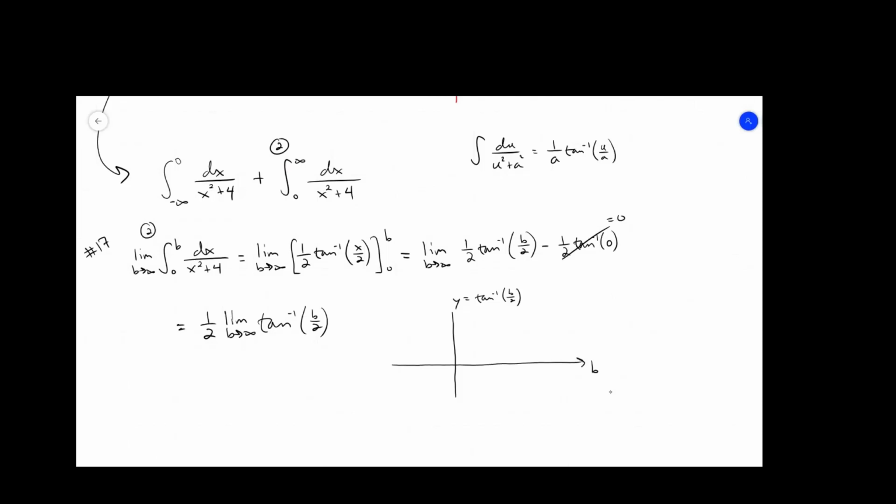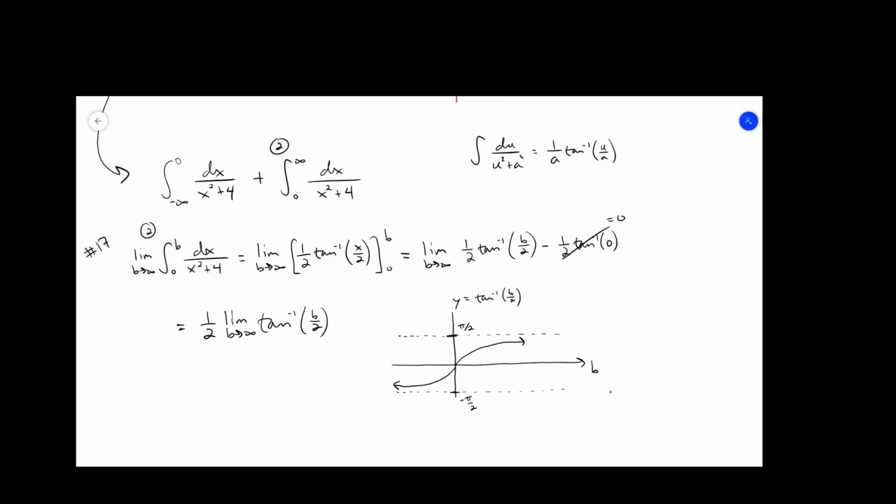So remember how the arctangent function looks. It's got horizontal asymptotes, right? I think I already went through that in a quick review of the arctangent function. It looks like this, and where those horizontal asymptotes are, they occur at pi over 2 and at negative pi over 2.